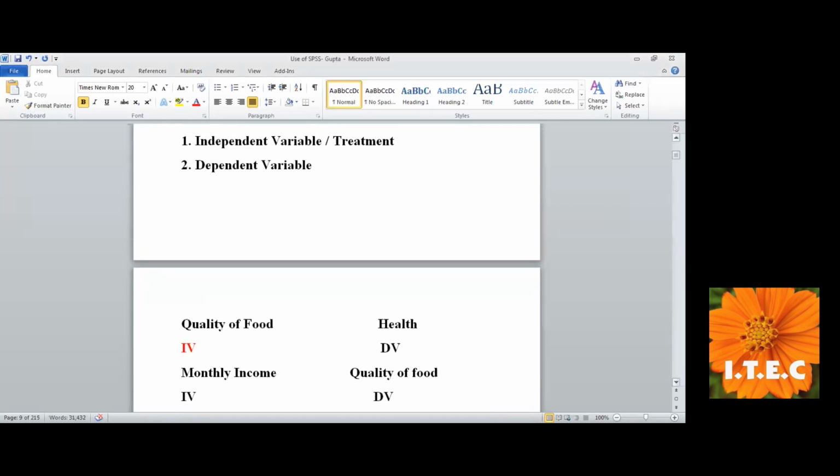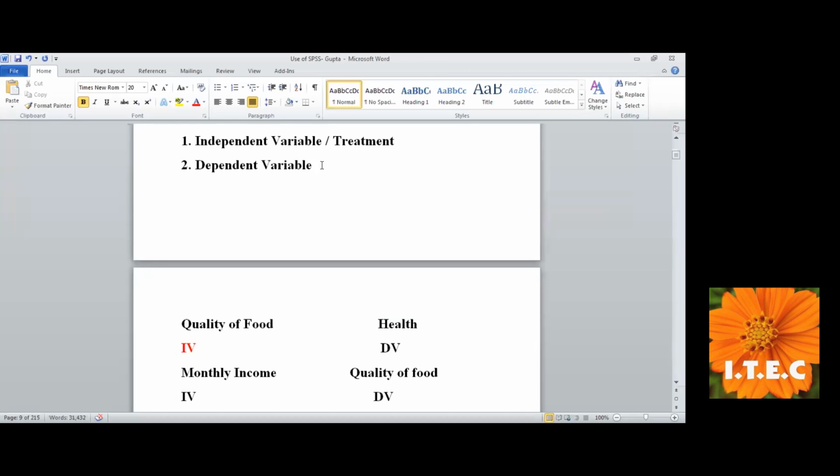I'll give you an example. When you were small and in school, you were dependent on your parents. Your parents were independent and you were dependent. Now when you started earning and your parents became old and retired, your parents now depend on you.